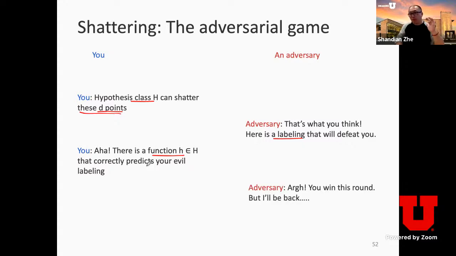Then you kick the ball back to the adversary, and the adversary says, okay, you're winning this one, but I'll be back with another evil labeling and throw that to you. You solve it and do it again and again until the adversary fails to provide any new labeling scheme. You win and your claim is correct. Otherwise, the adversary wins, which means your hypothesis space H cannot shatter this particular set of D points.